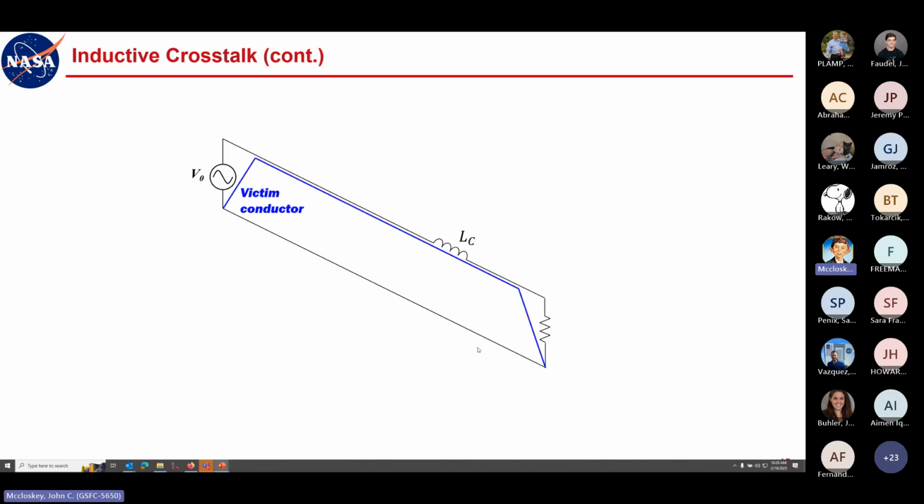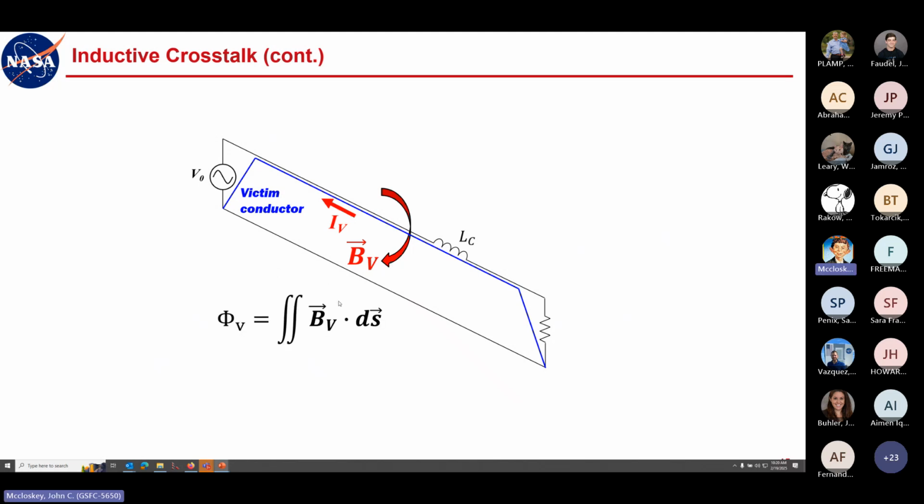Now, if we look at a victim conductor, and we're going to ignore the culprit for just a moment, we'll come back to it presently. Whatever current is on the victim conductor, I'm showing it going in the opposite direction here, again using the right hand rule, it will generate magnetic flux going to the left through the loop this way.